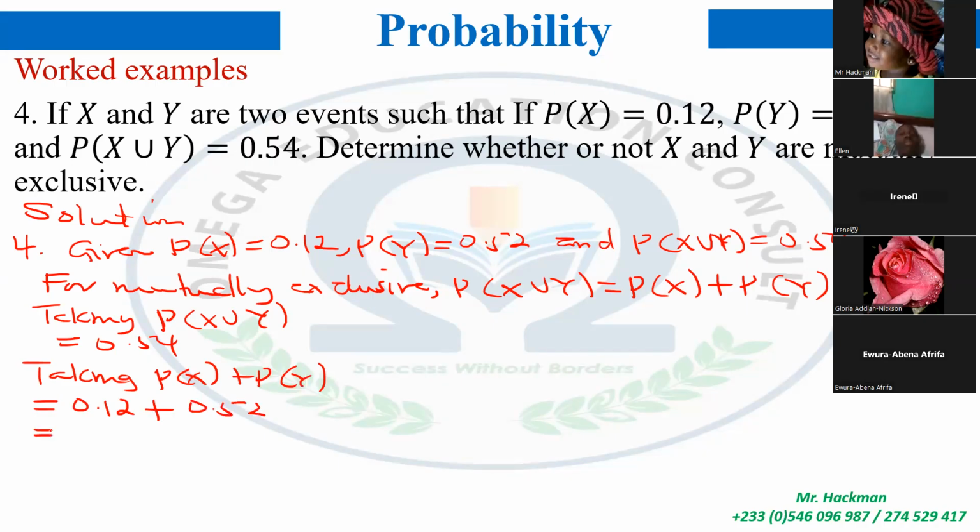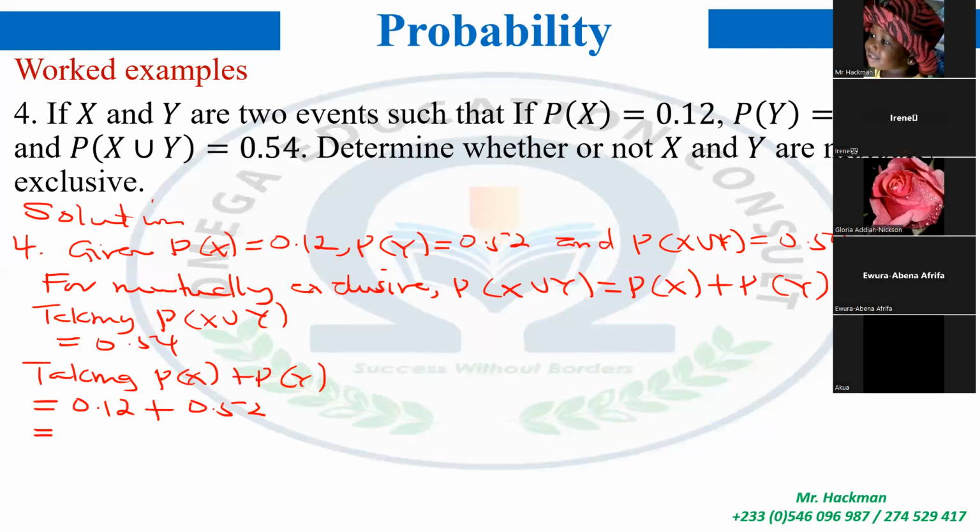Please sum this and let's see. 0.64. Okay, so 0.64. And obviously, this is not the same as this. So you draw your conclusion. Therefore, X and Y are not mutually exclusive.